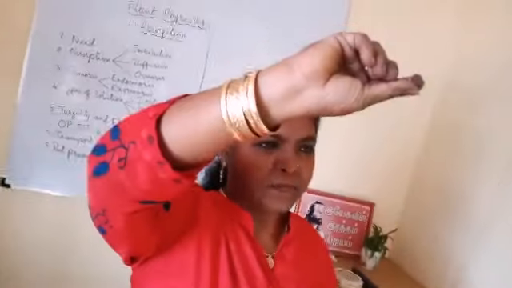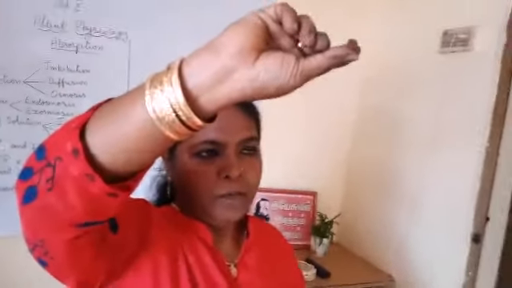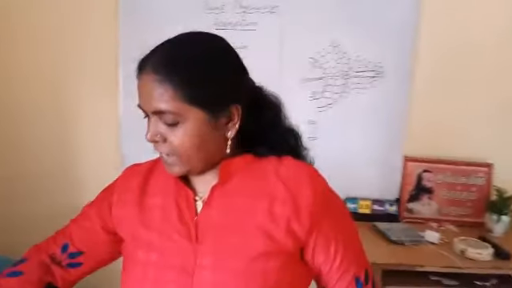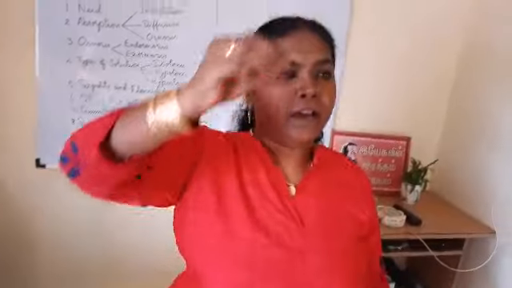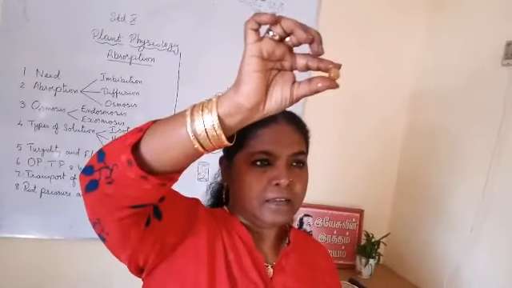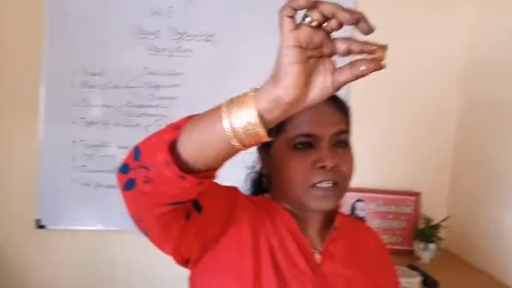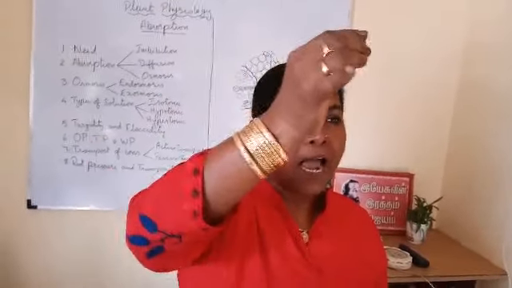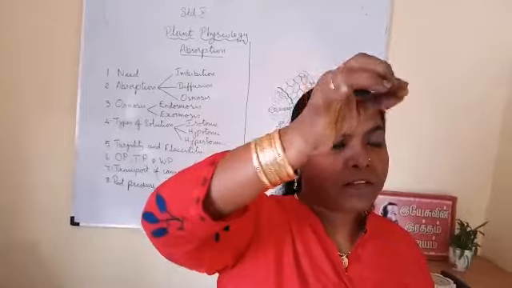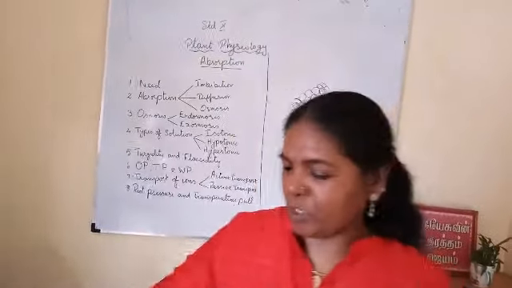Okay, can you see the size of the raisins? When they are soaked in water overnight, they became like this. So this is imbibition. The raisin imbibes water. This is one example for imbibition.